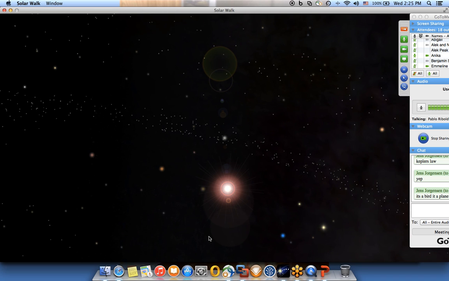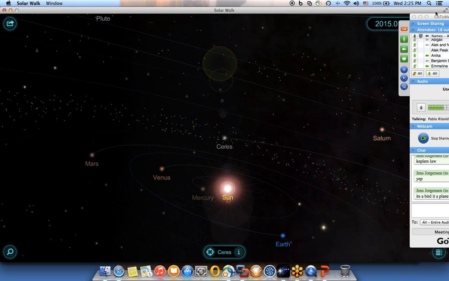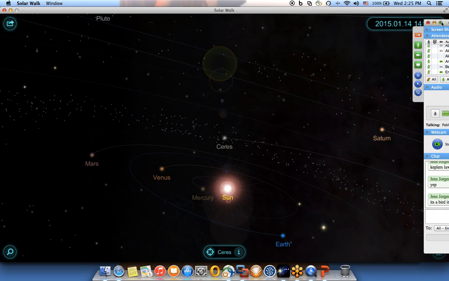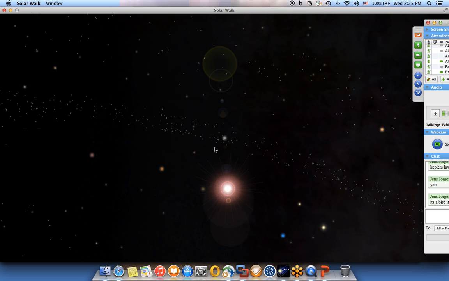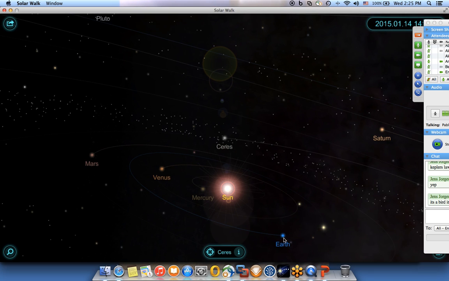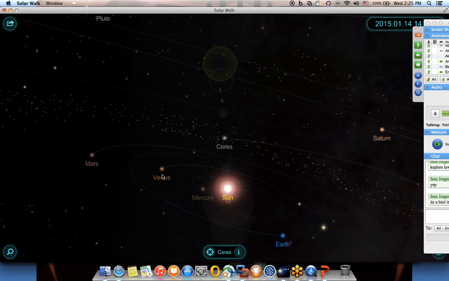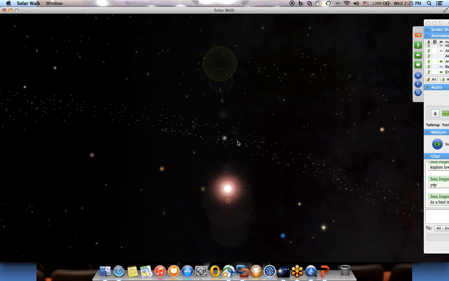So if we go here, okay, so here I have a view of, again, the current conditions, all right? So this is Ceres, the asteroid in the asteroid belt, and currently how it is in position relative to the Earth, Mars, the Sun, okay? And the probe Dawn that is going to be approaching from here and going there.